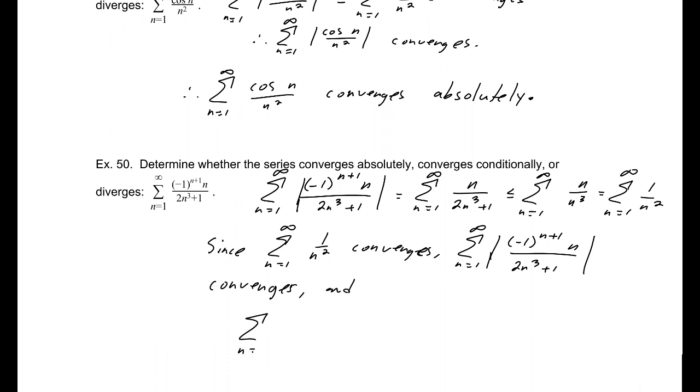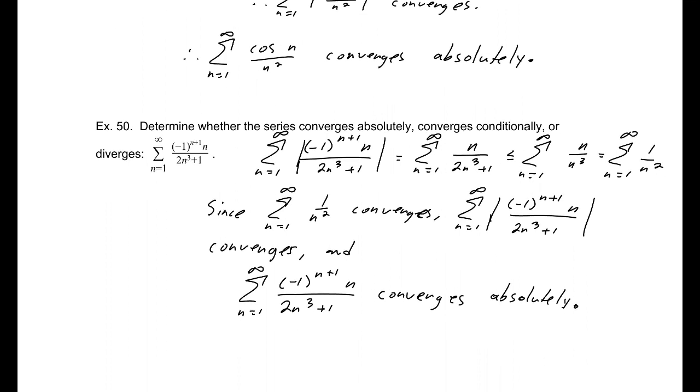And the sum from 1 to infinity of negative 1 to the n plus 1 times n over 2n cubed plus 1 converges absolutely. And that is the last question in this section.